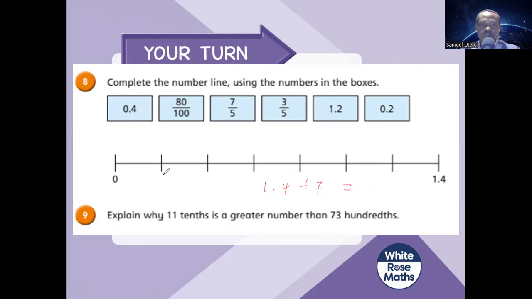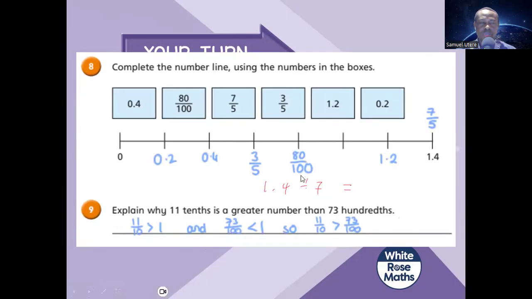So each of these is equivalent to 0.2. Then next you were asked to explain why 11/10 is greater than 73 hundredths. Well, let's see the answers so that we can discuss them. So each value is 0.2.